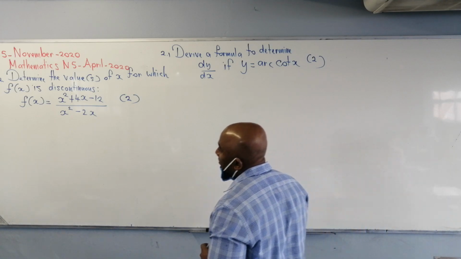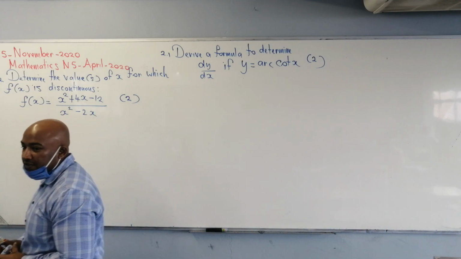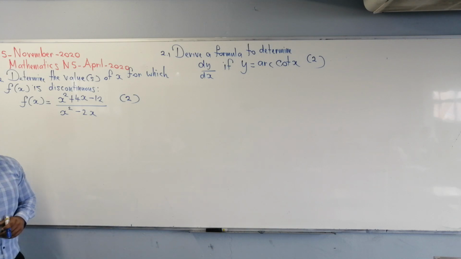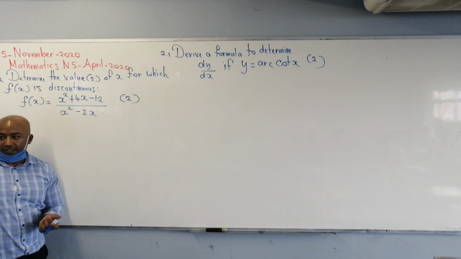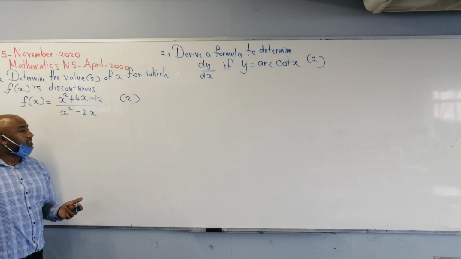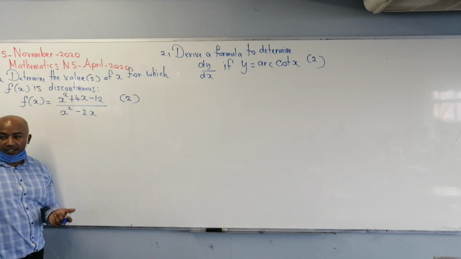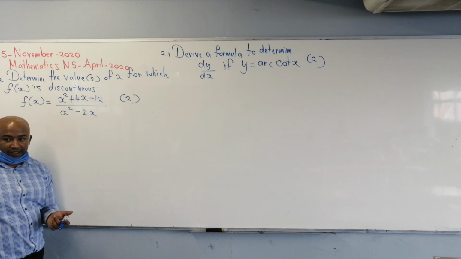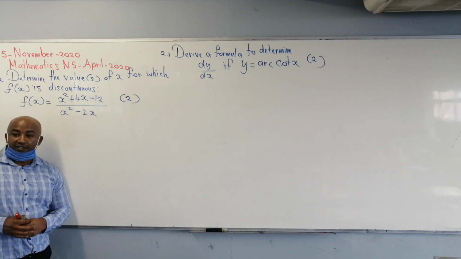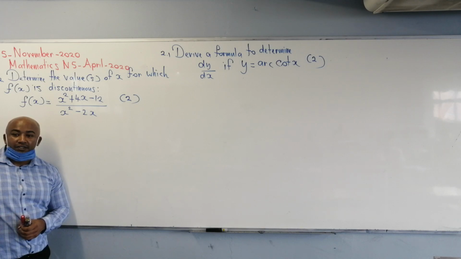The next question here, 1.2, determine the values of x for which f of x is discontinuous. So now, where would this function be discontinuous? Now this is a fraction. So what do we know? When you have a fraction, you cannot divide by what number?